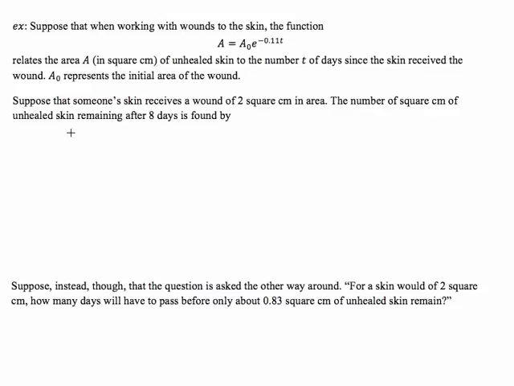Okay, so A naught is equal to 2 because that's the initial size of the wound. So the number of square centimeters of unhealed skin after 8 days is given by A, where t is 8. I'm going to plug in 2 right there for A naught times e to the negative 0.11 times 8.